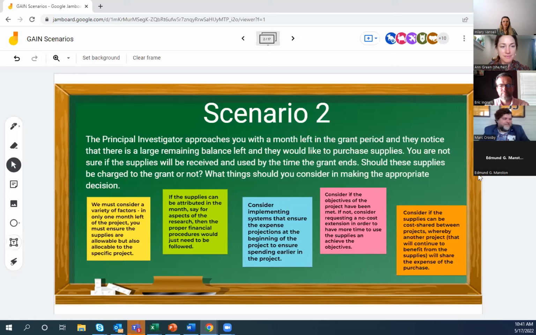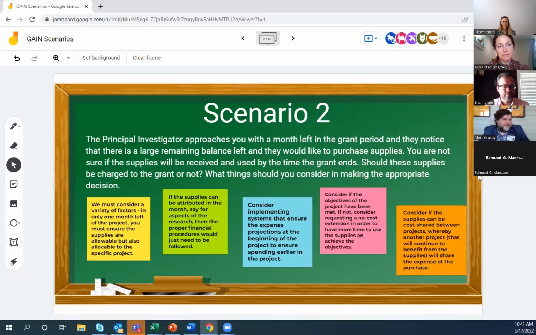Yes, thank you. We had cross-cutting views in scenario 2, as you can see on the sticky notes. First, we agreed that with such a given circumstance, we must consider a variety of factors.